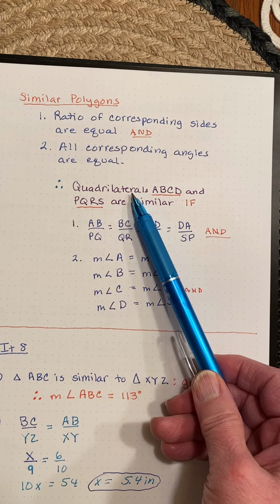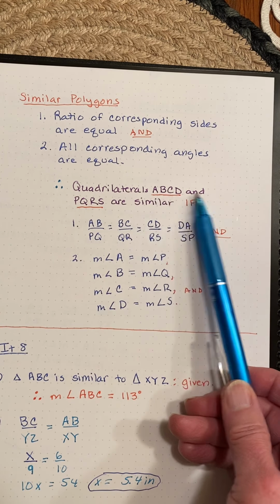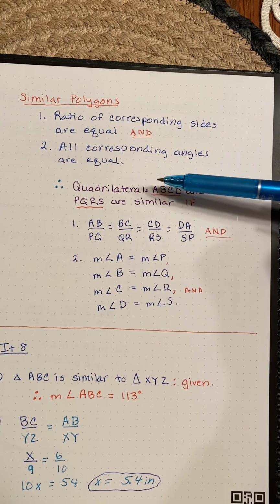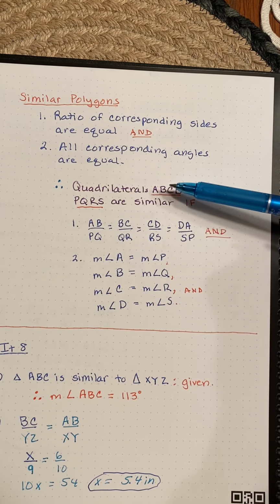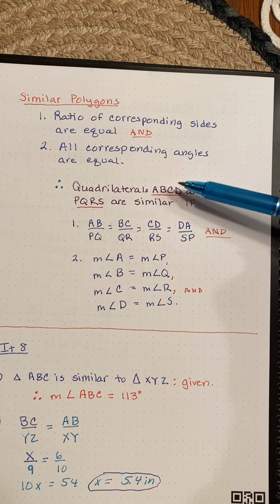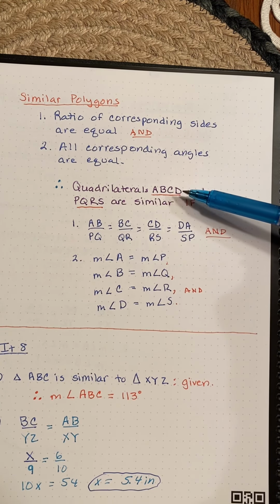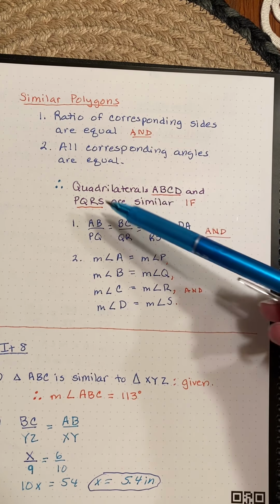Therefore, quadrilaterals, for example, quadrilaterals ABCD and PQRS are similar if AB over PQ is equal to BC over QR, and also equal to CD over RS, and finally DA over SP.